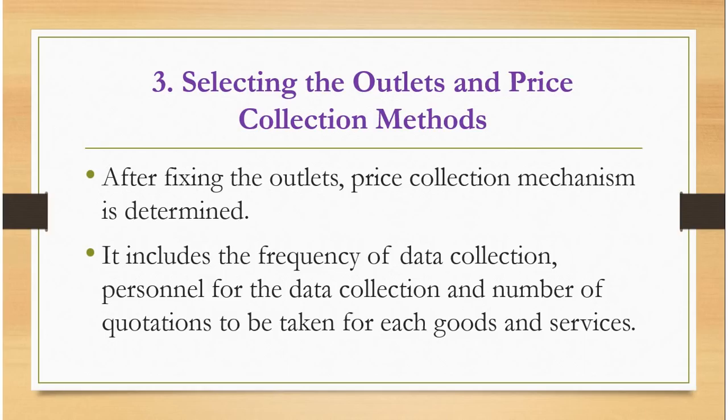So after selecting the outlets, the price collection mechanism is selected. Price collection mechanism means when to collect the price, and how many prices of a single commodity are collected.